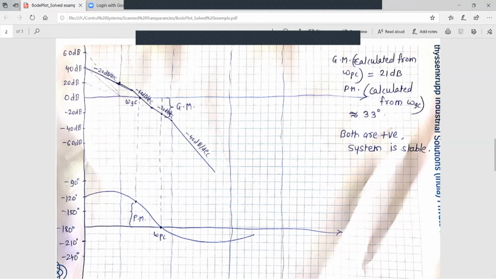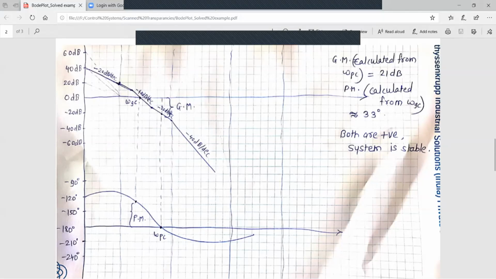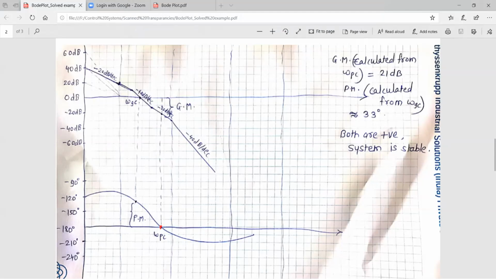Omega PC is the phase crossover frequency, the frequency at which the phase plot crosses minus 180 degrees. In this case, at this point the phase plot crosses minus 180 degrees, so we mark this point and name it omega PC.